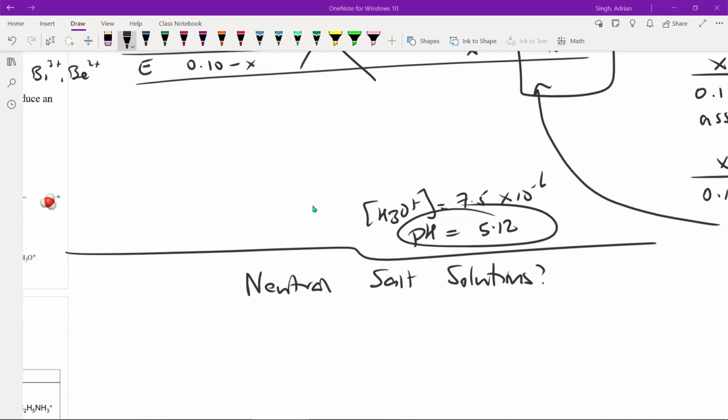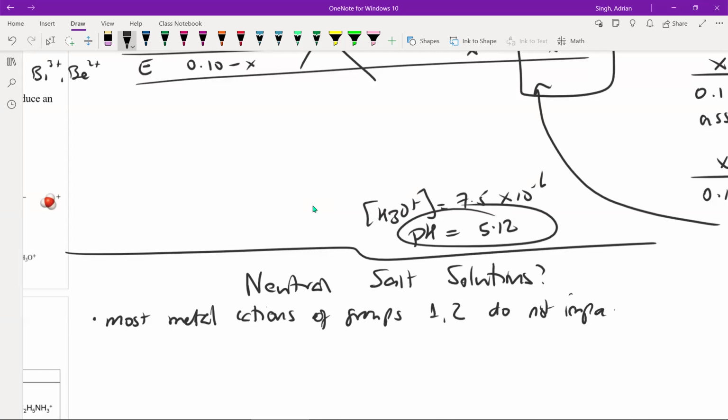However, what we're going to see is that most metal cations of groups 1 and group 2 do not impact the pH of a solution.